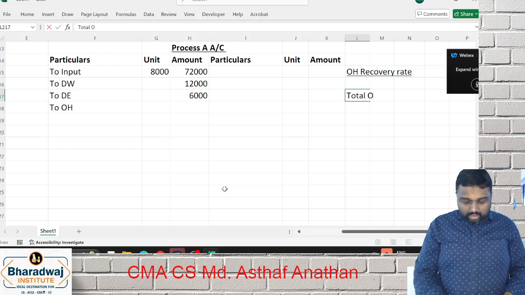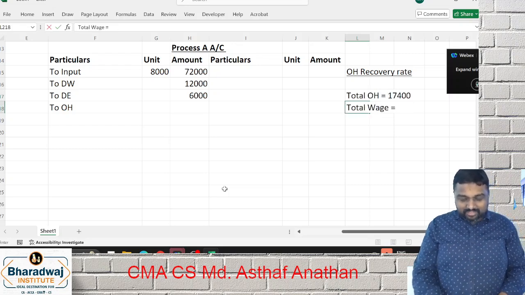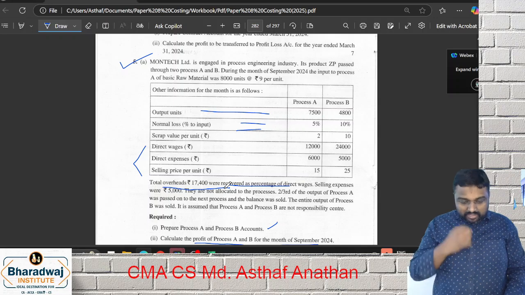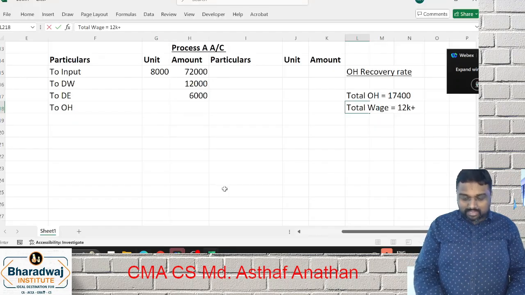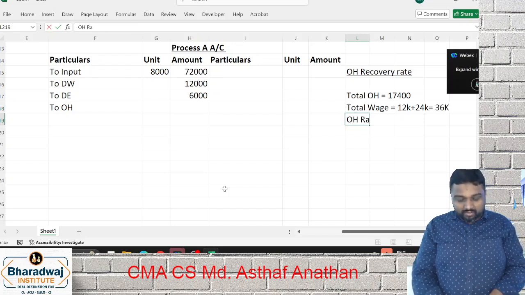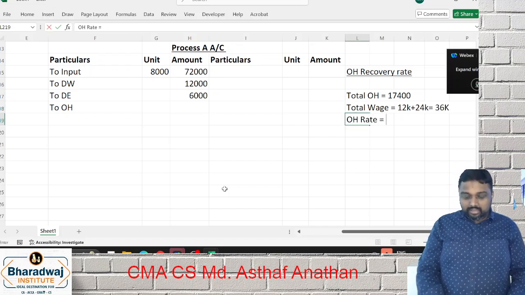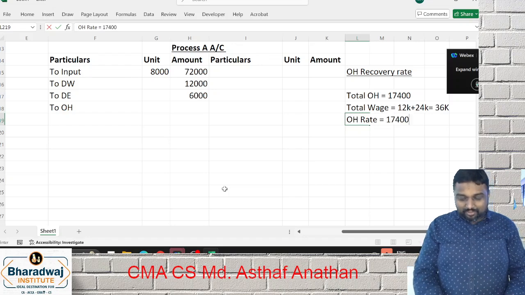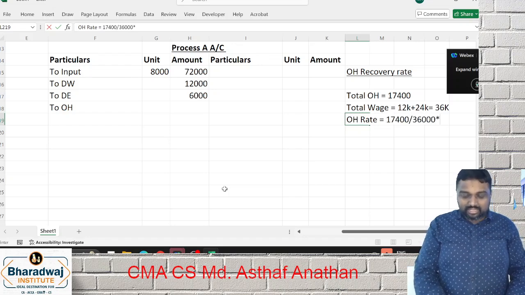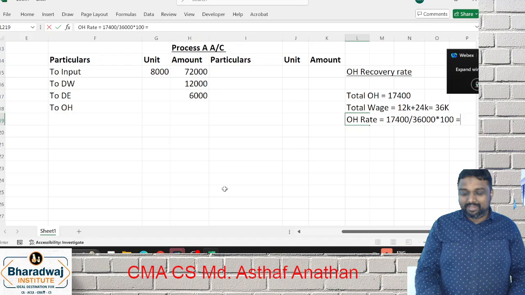What is the total overhead? 17,400. What is the total wage? Total wage is 12,000 plus 24,000, which is 36,000. So what is the overhead rate? That is 17,400 out of 36,000. You will get the percentage.